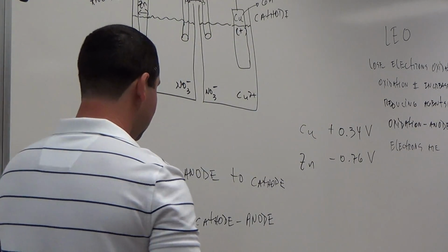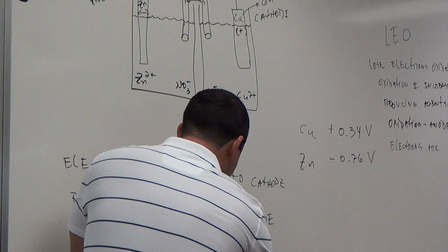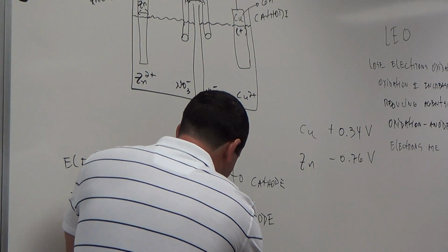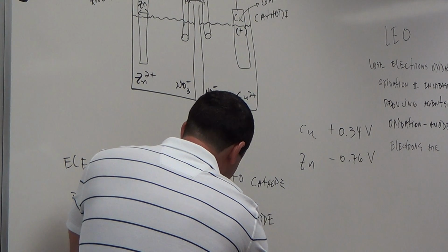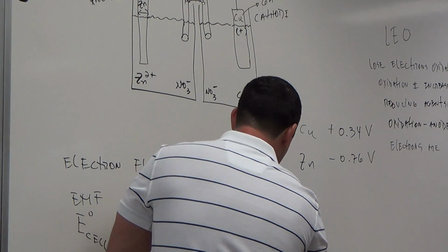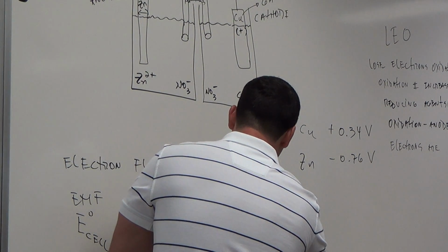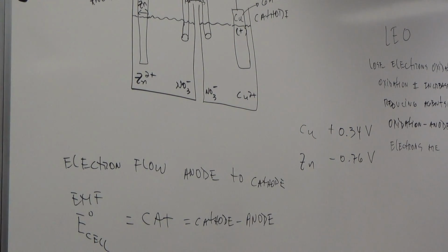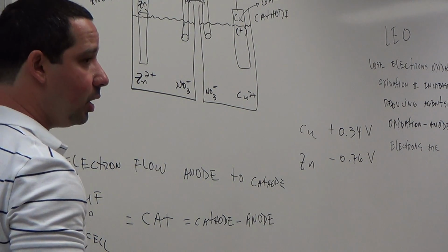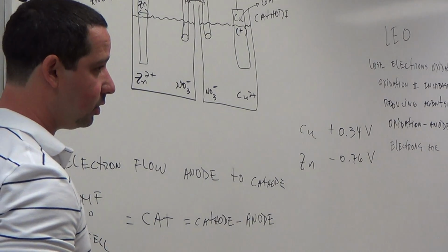It is the reduction potential of the cathode minus the reduction potential of the anode. If that gives you a positive sign, that will be spontaneous. If it gives you a negative sign, it will be non-spontaneous.